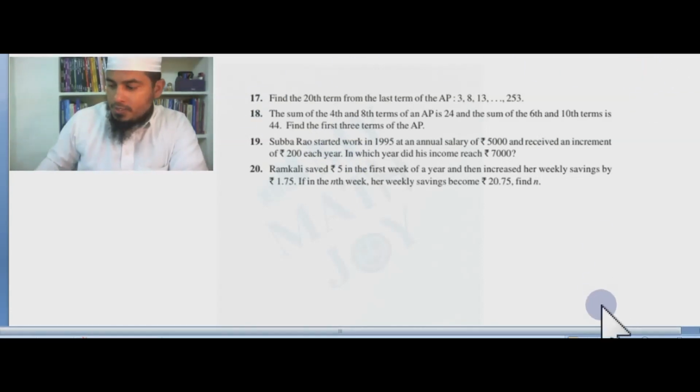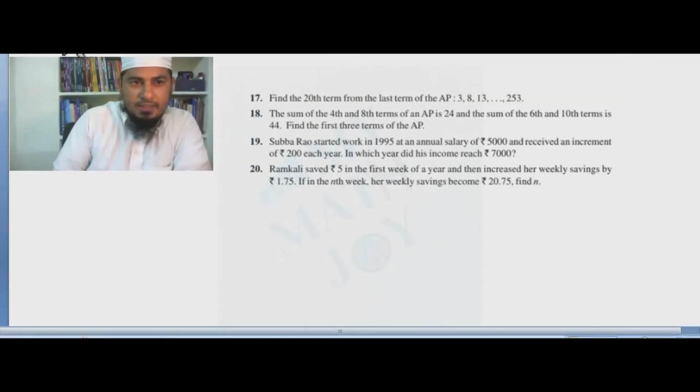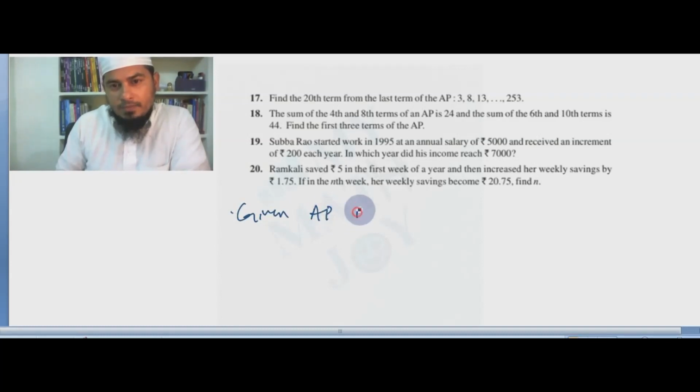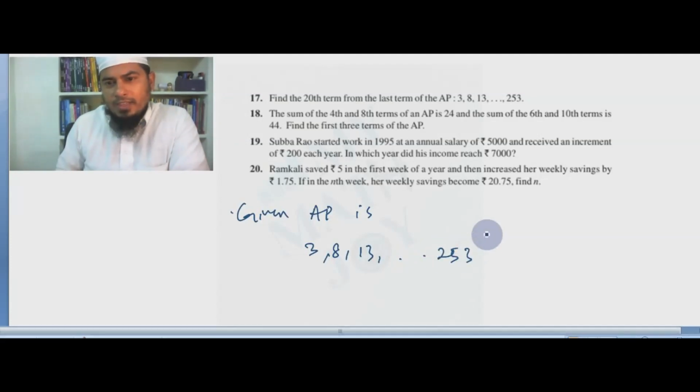So let's take the same technique and do the problem. Given AP is 3, 8, 13, and so on, 253.